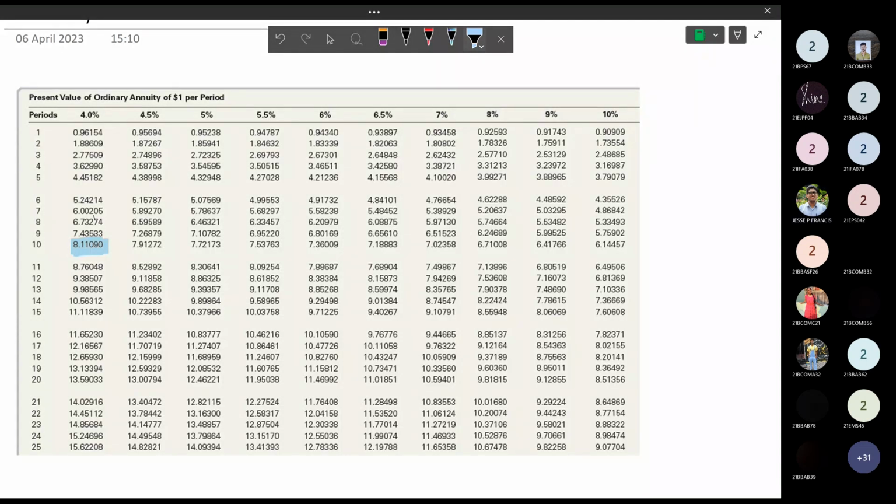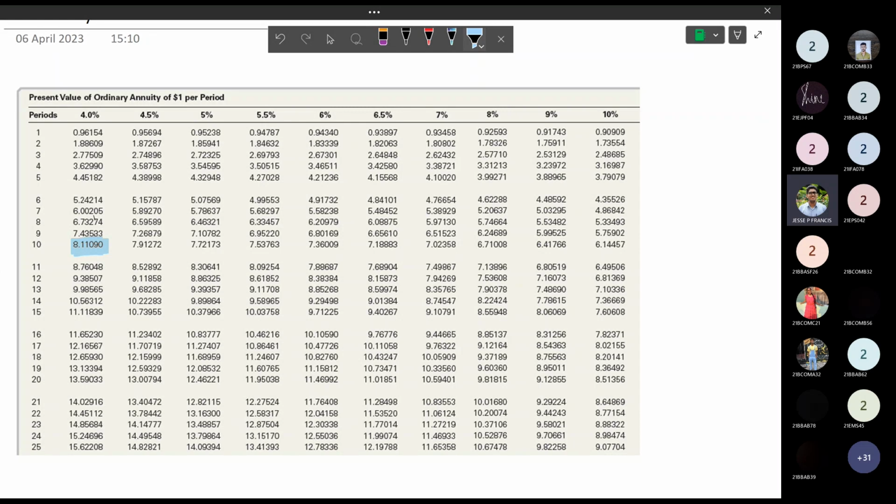Can you use the table and find the annuity factor for R is equal to 5.5% for 15 years?